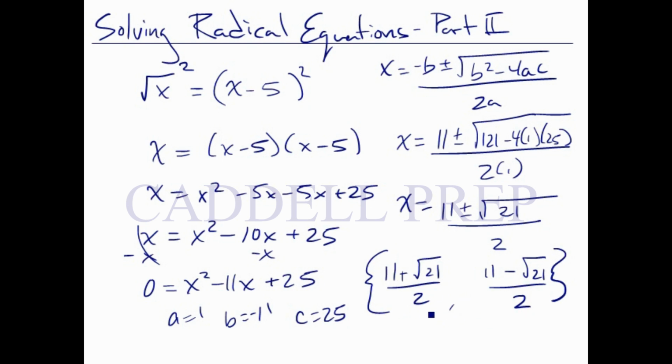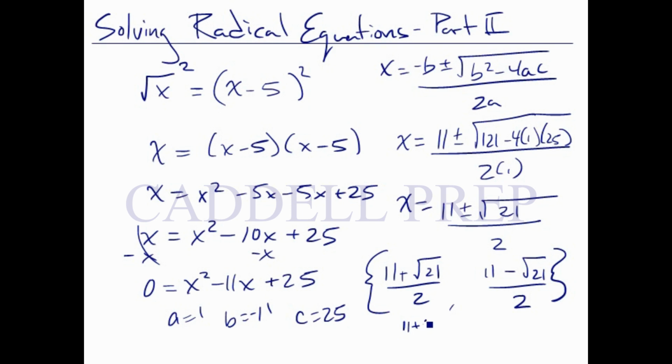Okay, now what's important here is that we make sure we're not going to end up with a negative under the radical. So we have to check these. So 11 plus radical 21 over 2. Let's find out what the approximate value of this is. The square root of 21 is approximately 4.6.